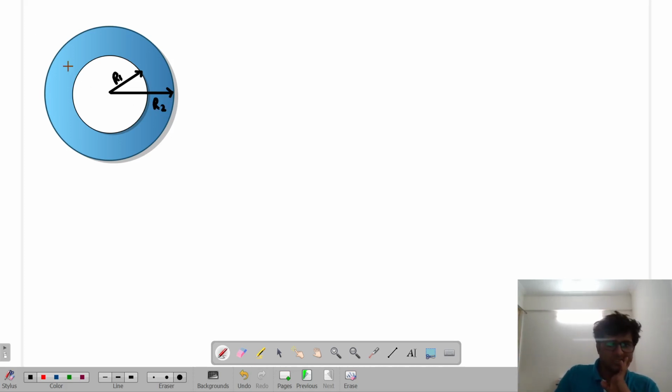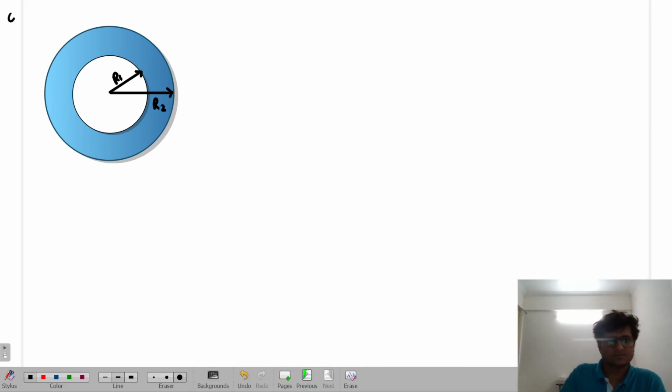The total charge in this region over the surface means I'll write the question. A hollow sphere, it is not considered here.